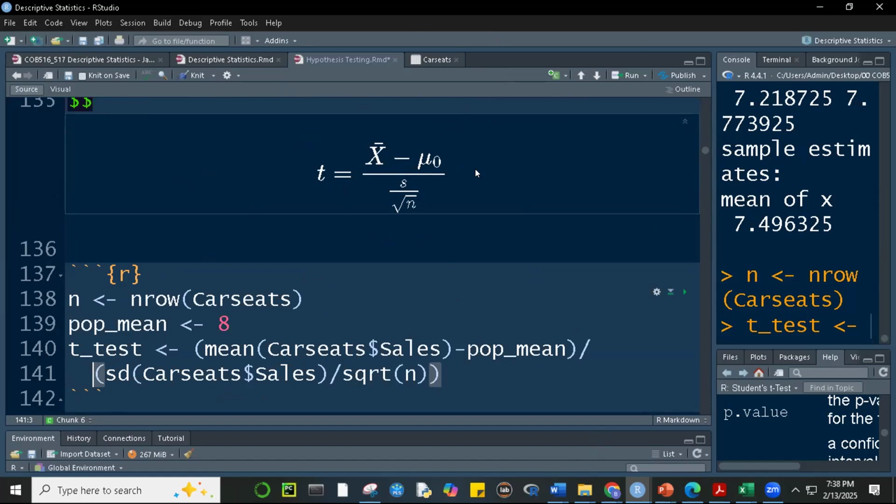Although I'm not going to ask you, for example, in your paper, of course, you're not going to show this computation, but this is just for the purpose of enhancing our skills in R. So the nrow function will give us the number of rows of car seats. And we know it's 400. So that's your n here becomes 400.